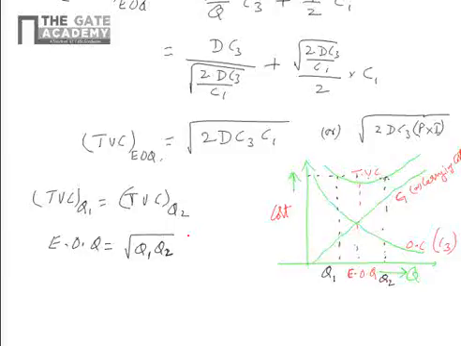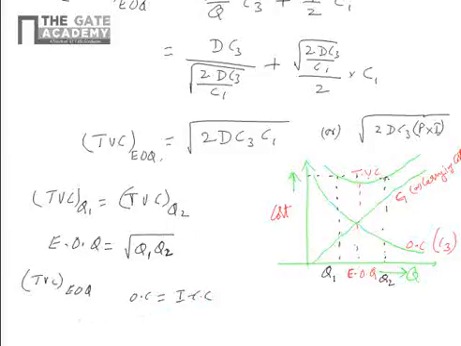At economic order quantity, ordering cost is equal to the carrying cost, right? That's also one point. Total variable cost at economic order quantity: ordering cost equals inventory carrying cost.